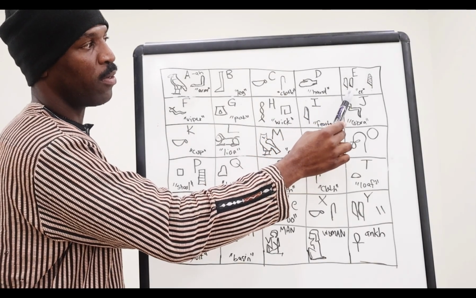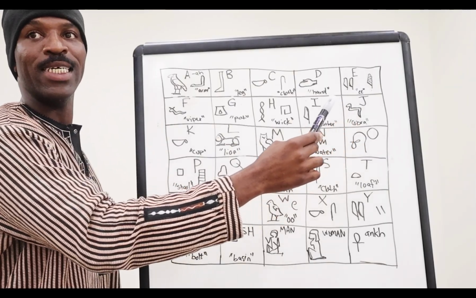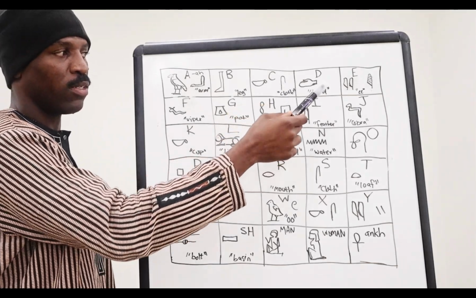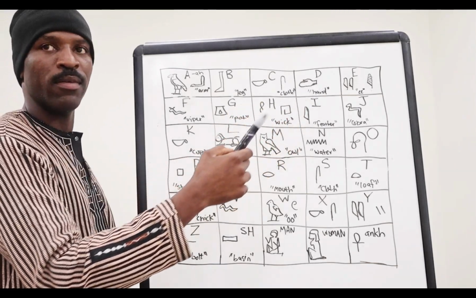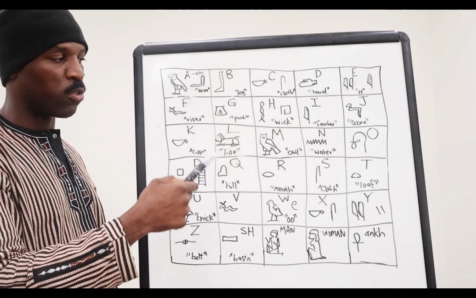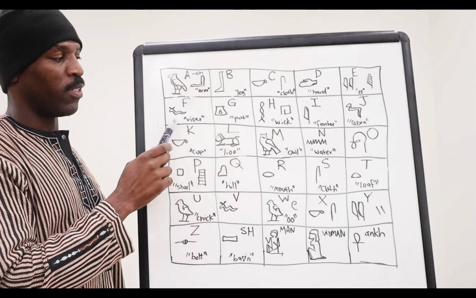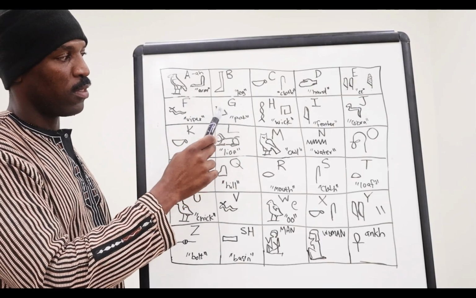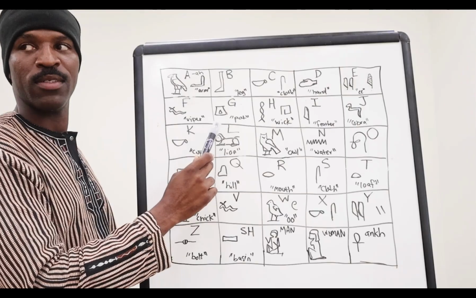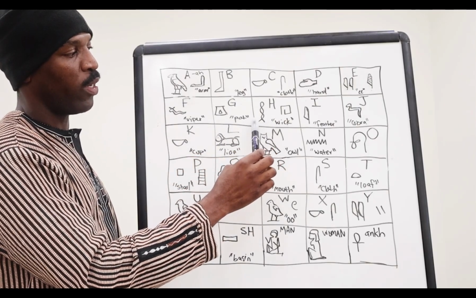E was represented by feathers, but this is the sound E, not really the right E. So you can use that feather multiple different ways, and you'll see the same hieroglyphs being used multiple different ways for the same letter here. Sound F was represented by a viper. G was for a pot, represented by a pot here. H was represented by a wick.